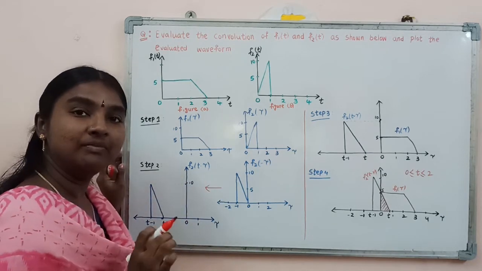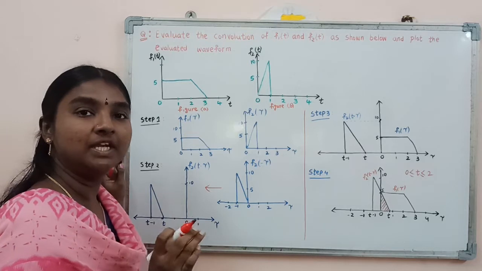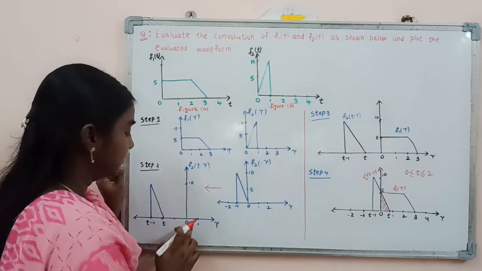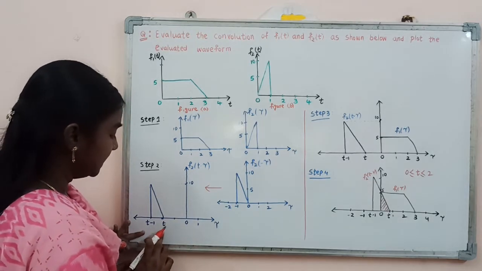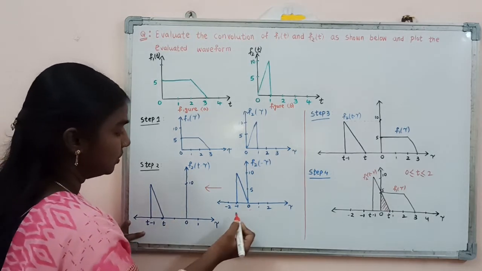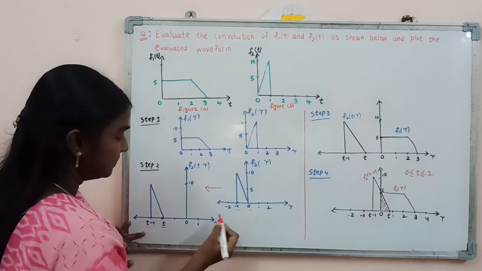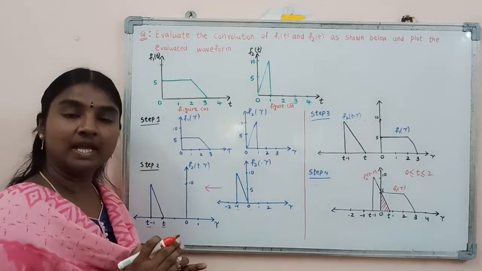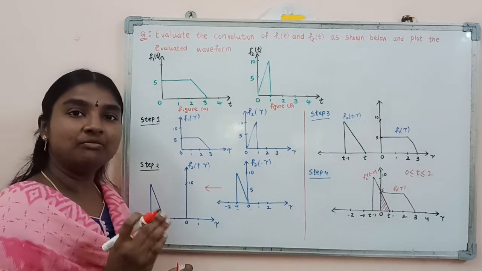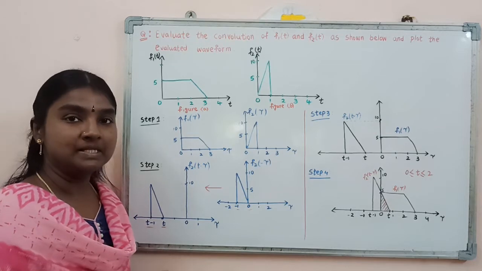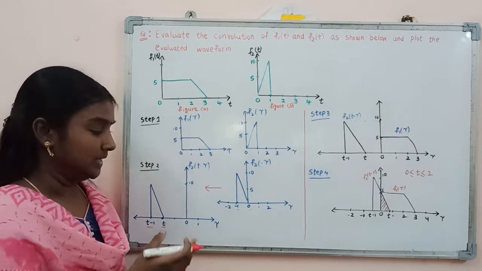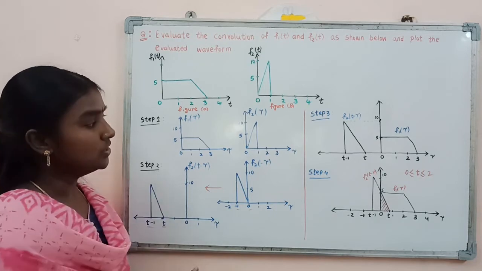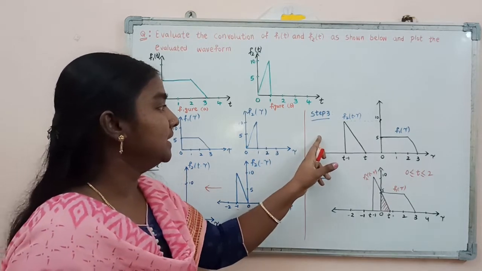We consider a large negative time shift for this signal f2 of t minus tau, so that the time instances change from 0 to t and minus 1 to t minus 1. That is, we consider a large negative time shift number. In place of t, if you consider minus 10 or minus 20, the signal will come only in the second quadrant. So now moving to step 3.